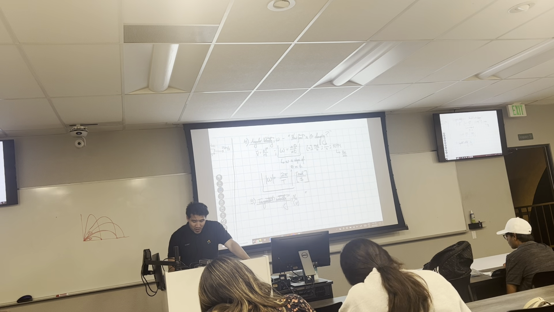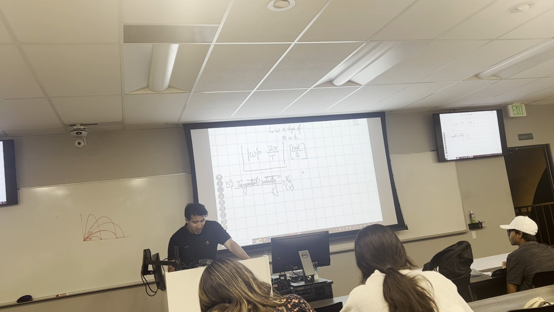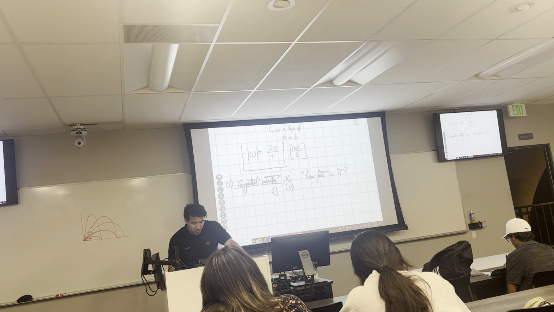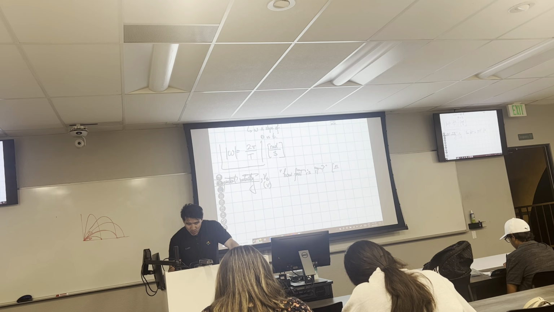So the angular velocity was how fast the theta is changing. This tangential velocity is simply how fast is it. That is why it is the speed. So the units for tangential velocity is meters per second.